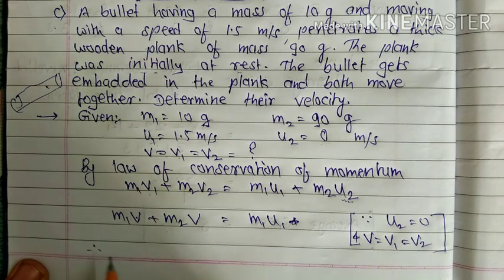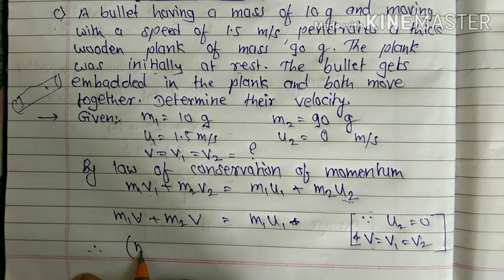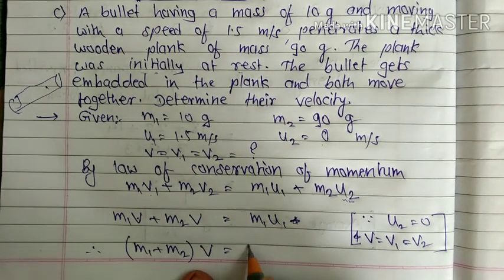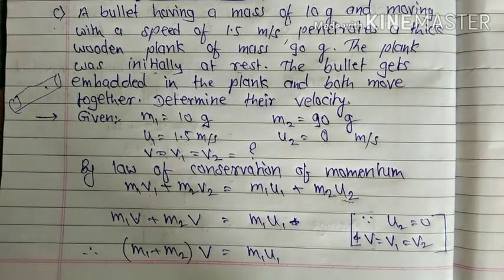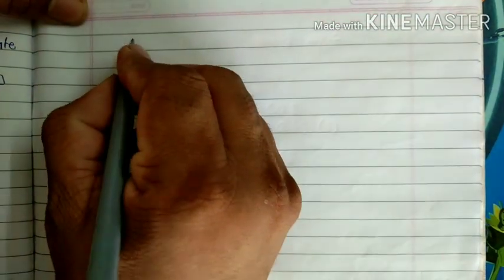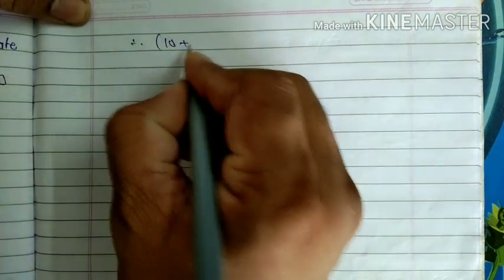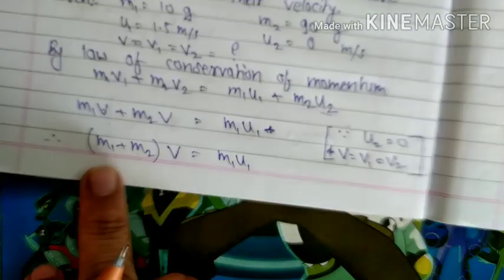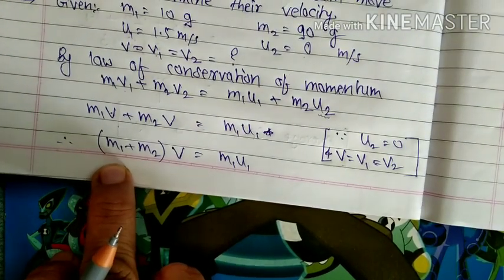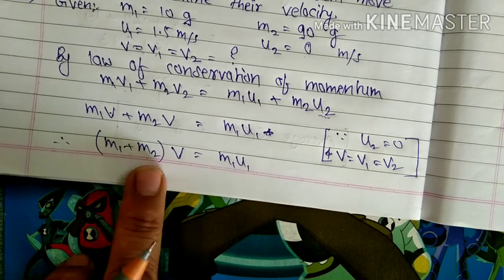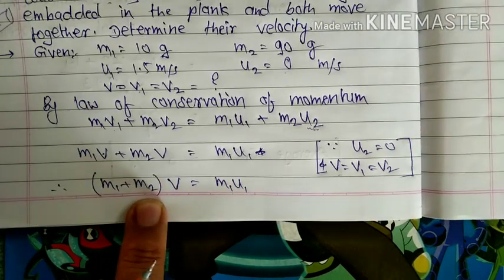Okay, therefore let us take v as common. We can write m1 plus m2 in bracket, v is common, equal to m1 u1. Now let us substitute the values. Therefore 10 plus 90, m1 mass of the bullet, m2 mass of the plank, 10 and this one is 90.